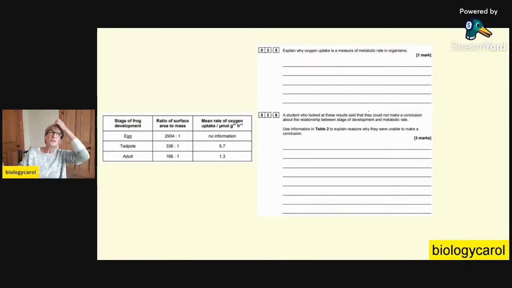I thought, well, respiration is such an important reaction that maybe we can say it is representative of all of the reactions going on in the cell. And therefore, oxygen uptake can be measured as an estimate of the metabolic rate in organisms. That was the way my mind works.